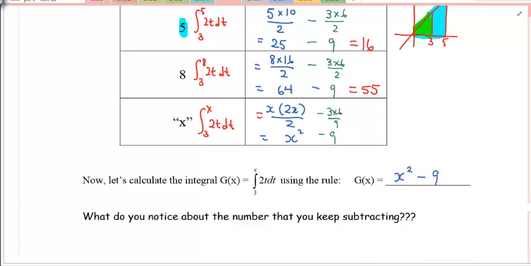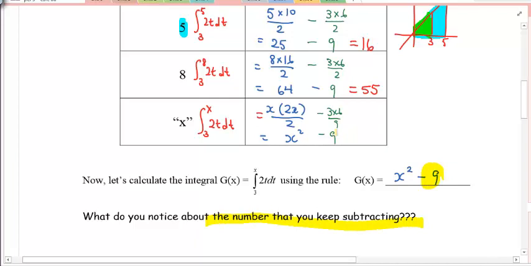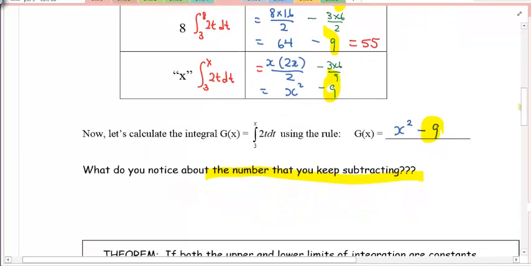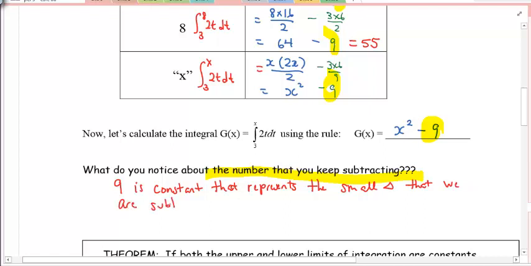And my question is, what do you notice about this number you keep subtracting? 9, 9, 9. Hopefully you can realize that 9 is that constant that represents the small triangle that we are subtracting each time, because we really don't want to include that area.